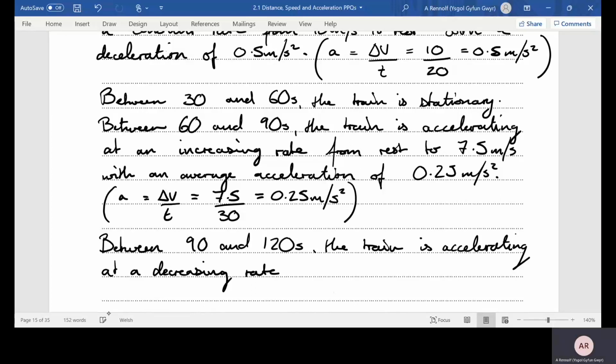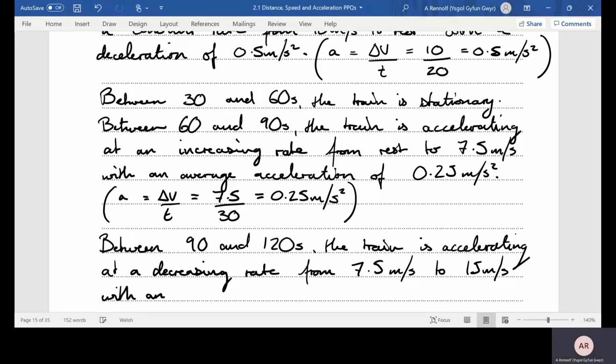What that means is it's still accelerating, but the amount it's accelerating is getting less and less over time. That's the kind of shape that we've got. Okay, so accelerating at a decreasing rate from 7.5 meters per second to 15 meters per second.